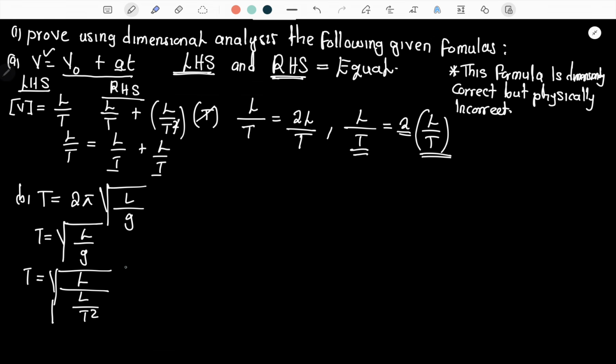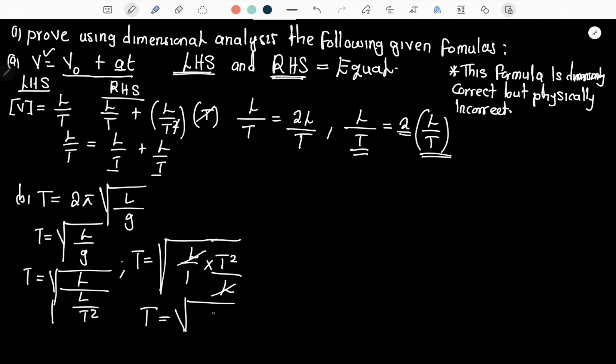So, this is just the same as T is equal to the square root of L over 1. Then because we're multiplying, this is going to be T to the power 2 over L. You cancel out these two. Then you're going to have T is equal to the square root of T to the power 2. Okay? Then this and that will cancel.